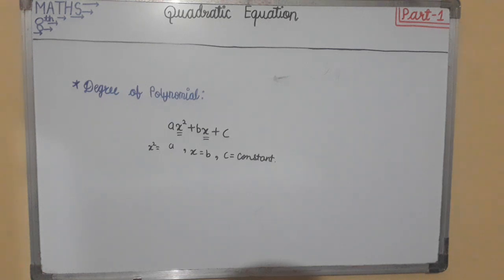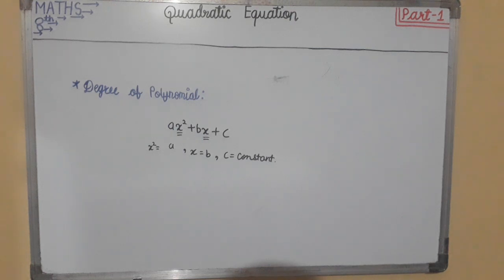So now we will move towards factorization of quadratic polynomials. So there are three different methods for finding factors of a polynomial. First method is taking out common factor. Second method is factorization using identities. Third method is method of splitting the middle terms.